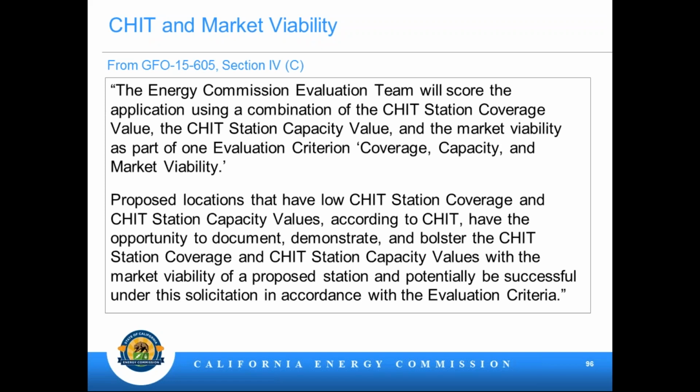While we know that CHIT has a number of data sets and that it helps to evaluate, kind of objectively, the statewide coverage and capacity need for a location, there are so many particular factors in a particular location that CHIT does not have any idea about, right? There's only a limited number of data sets that it includes. And so this was the opportunity to talk about those local factors that could make this a successful station, even if it had lower CHIT values.